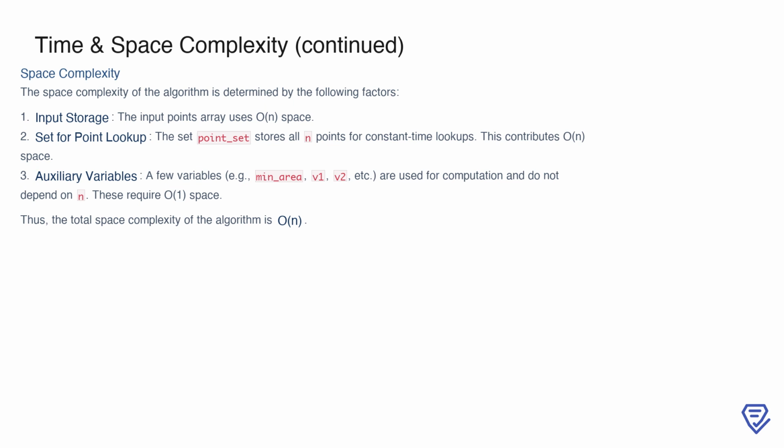Beyond that, the algorithm employs a few auxiliary variables like min_area, v1, and v2 for intermediate calculations. These variables are constant in size and do not depend on the number of input points, so they contribute O(1) space. When we combine these factors, the overall space complexity is determined to be O(n), which is efficient given that we are only storing the essential data needed to perform the computations effectively.